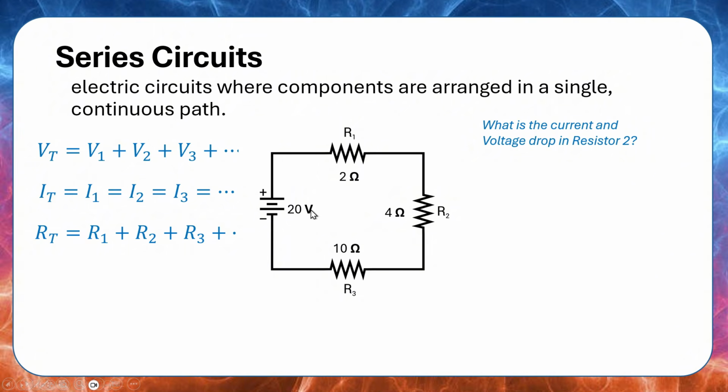So we already have the resistance for all of them: 2 ohms for resistor 1, resistor 2 is 4 ohms, resistor 3 is 10 ohms. And that's what I mentioned a while ago. If we say resistance, that's the calibrated resistance, like the rated resistance of the device.